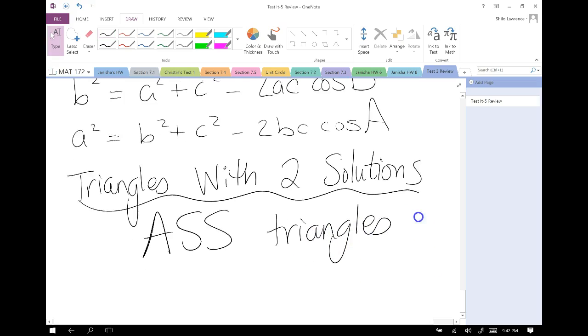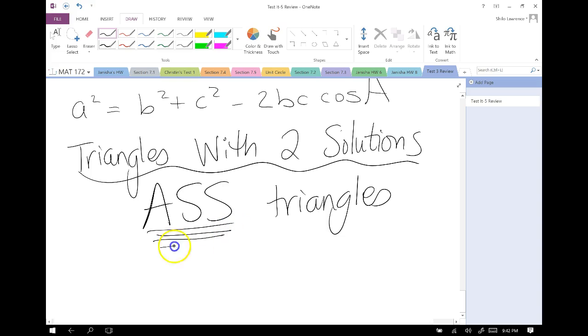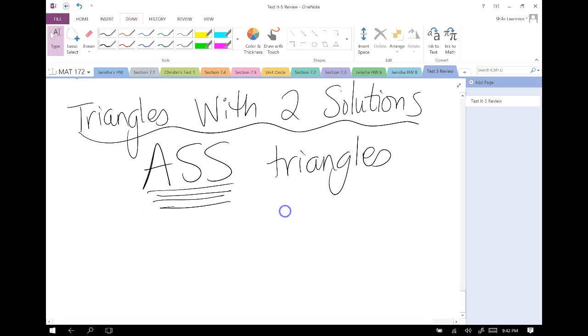If they're ass triangles. Ass is a bad word. They're also bad triangles. So what I mean by that is they give you a triangle where they give you an angle, a side, and a side in that order.